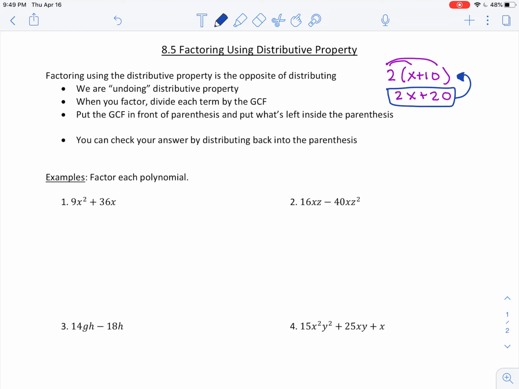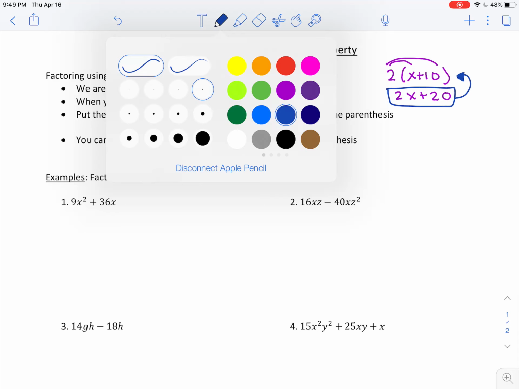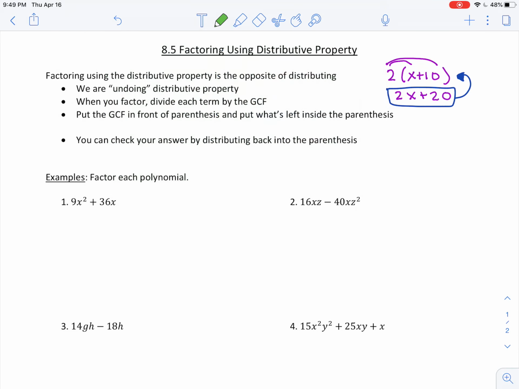If you take a look at something like question number 1, it says factor each polynomial. So we're going to start by figuring out the GCF. So the GCF, the greatest common factor, is the biggest number that divides into all of your terms. So if I take a look at the problem here, I'm going to start just with the numbers.